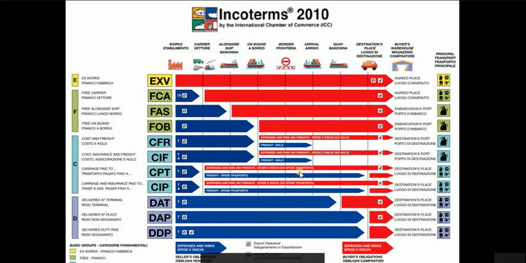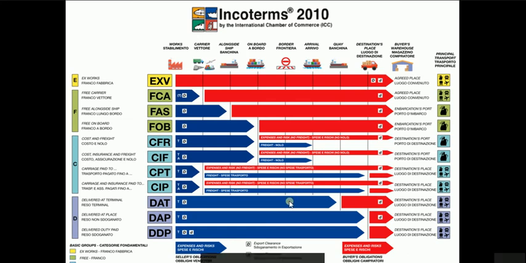In the case of CIP, only the insurance is added to the previous payment term, that is carriage paid to, where you have to include the ex-factory rate, your local transport in your country, loading into the ship, and then freight charges, unloading at the destination port, and the carriage.